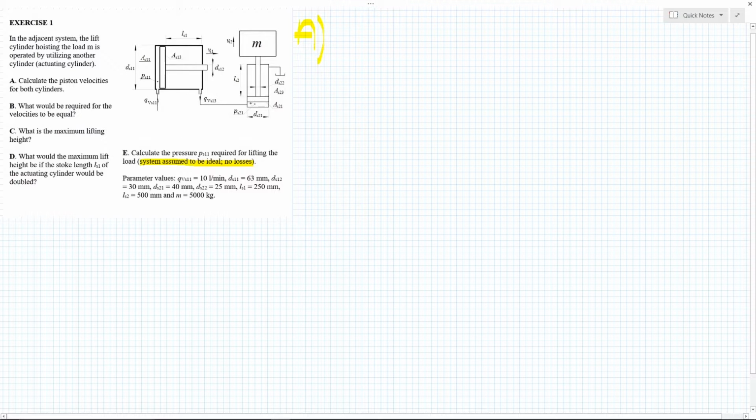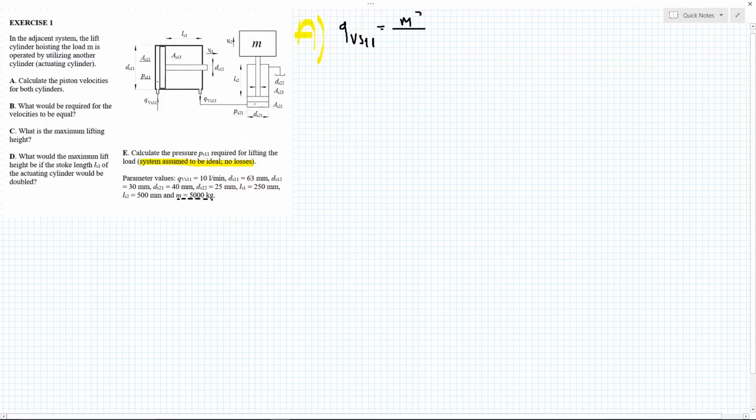We have the diameter of piston number 2, also the diameter of piston rod number 2, and we have the stroke length of hydraulic cylinder number 1. We have the stroke length of hydraulic cylinder number 2, and we have the weight of this object that we have to lift.